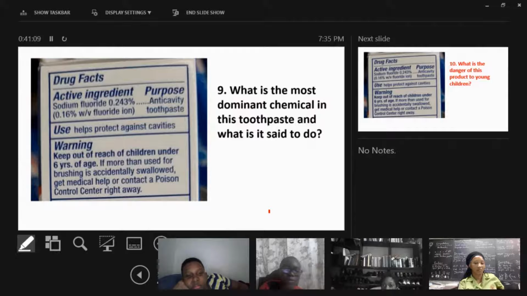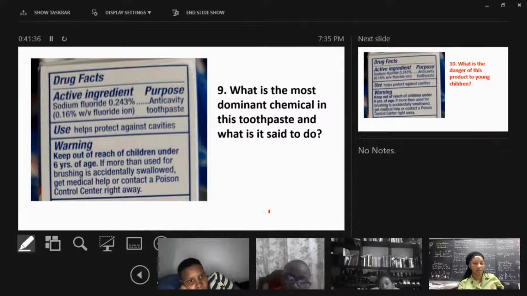Use: helps protect against cavities. Warning: keep out of reach of children under 6 years of age. If more than used for brushing is accidentally swallowed, get medical help or contact a poison control center right away.